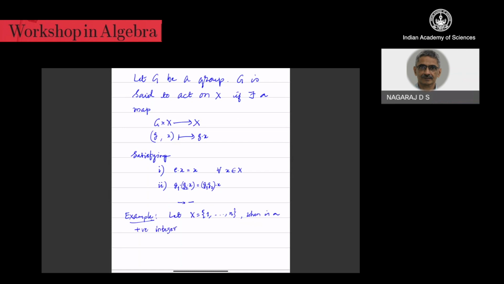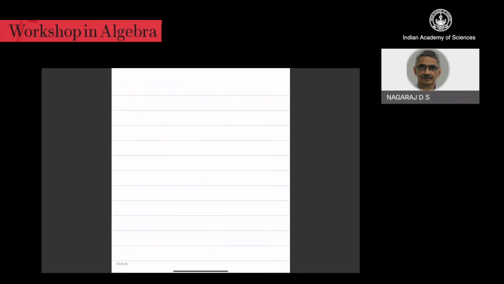And I showed that the set of bijections of any set is a group. So this, B of X, the set of bijections of X, where f is a bijection, is a group under composition of maps.